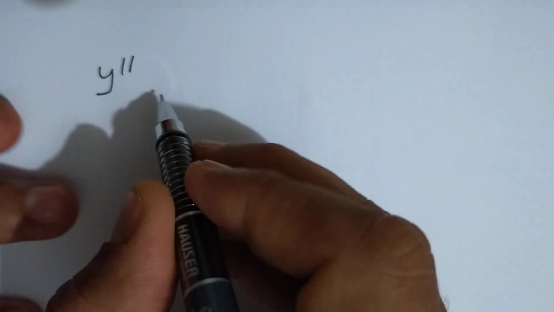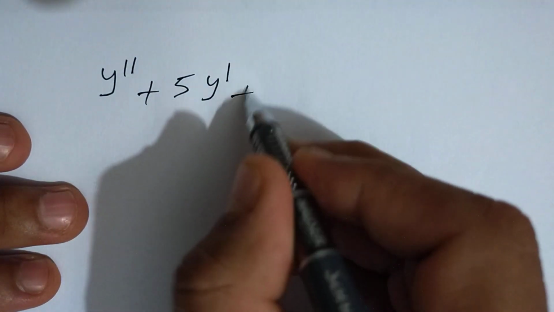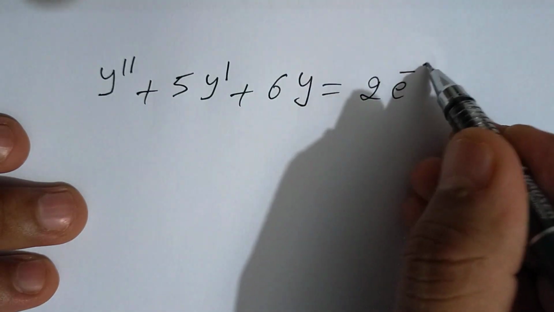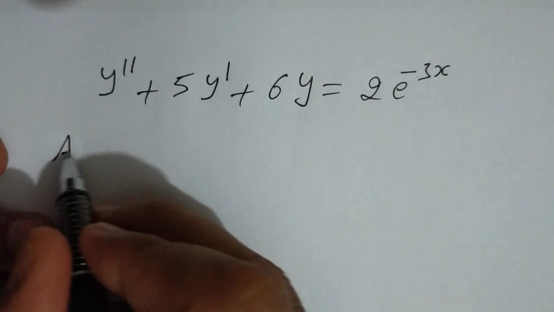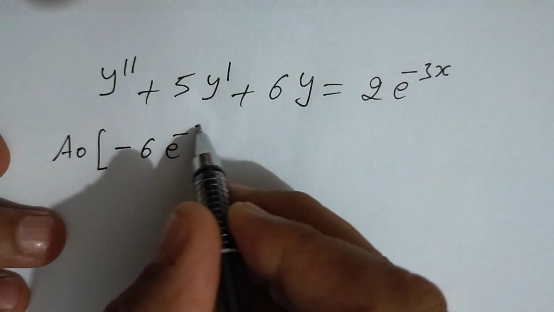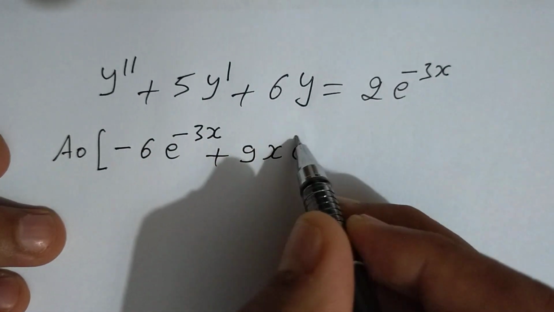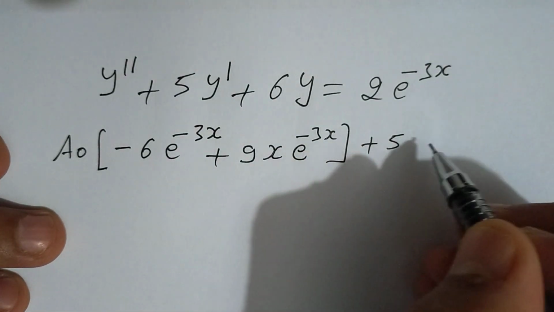So we have the equation y double dash plus 5y dash plus 6y equal to 2e power minus 3x. So the value of y double dash will be a0 times minus 6 e power minus 3x plus 9x e power minus 3x, plus 5y dash.